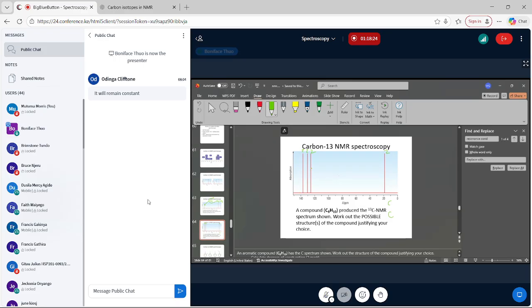Then we look at the other 3 peaks. They are between 120 and 140. That tells us it is probably an aromatic system. So by looking at that, a benzene ring system.